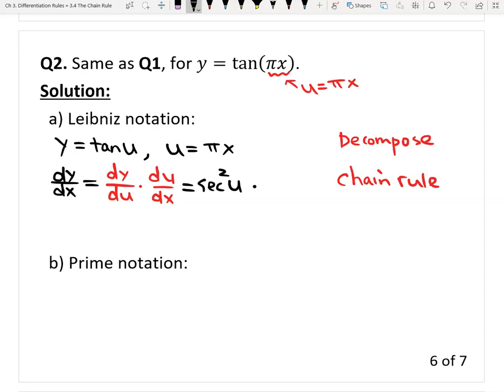Then times du/dx. The inner is pi x, take a derivative. Everyone knows it should be pi.